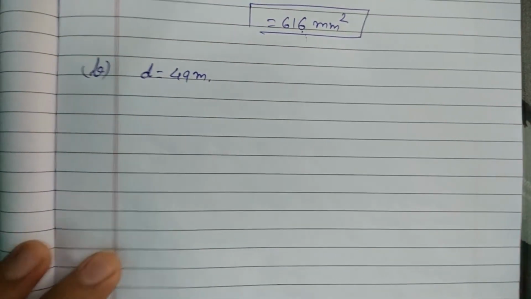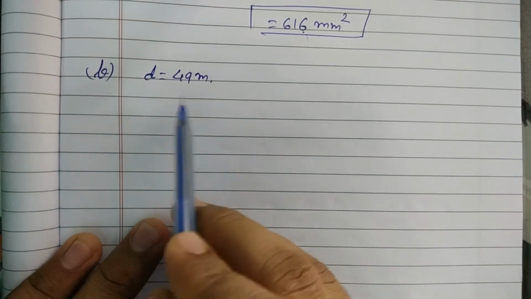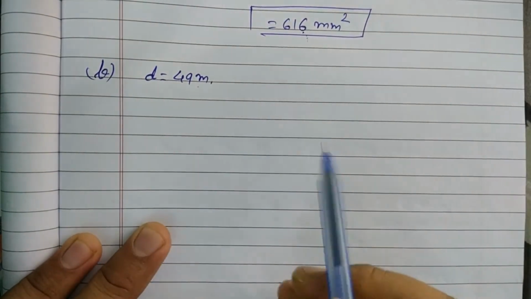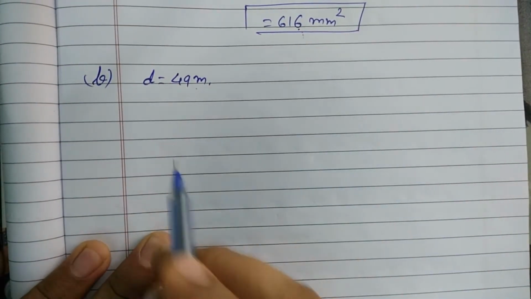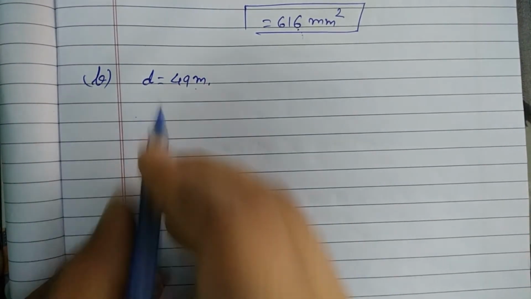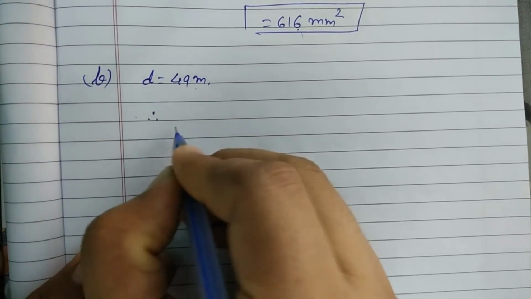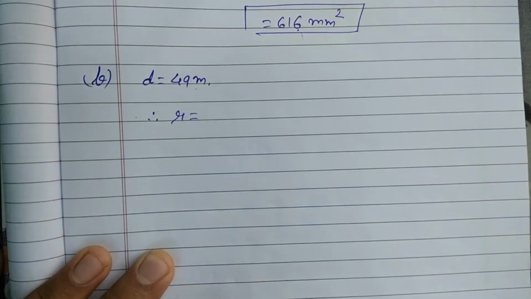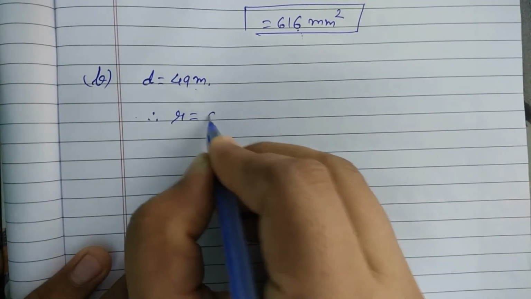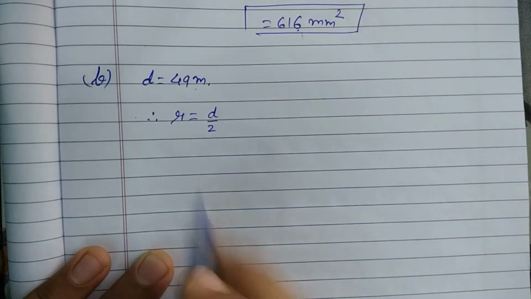Next, sum B. Here the diameter is given, 49 meter, and we have to find the area. So first we will convert this diameter into radius. And we know the formula for radius: radius is equal to diameter divided by 2. From where did we get this formula?